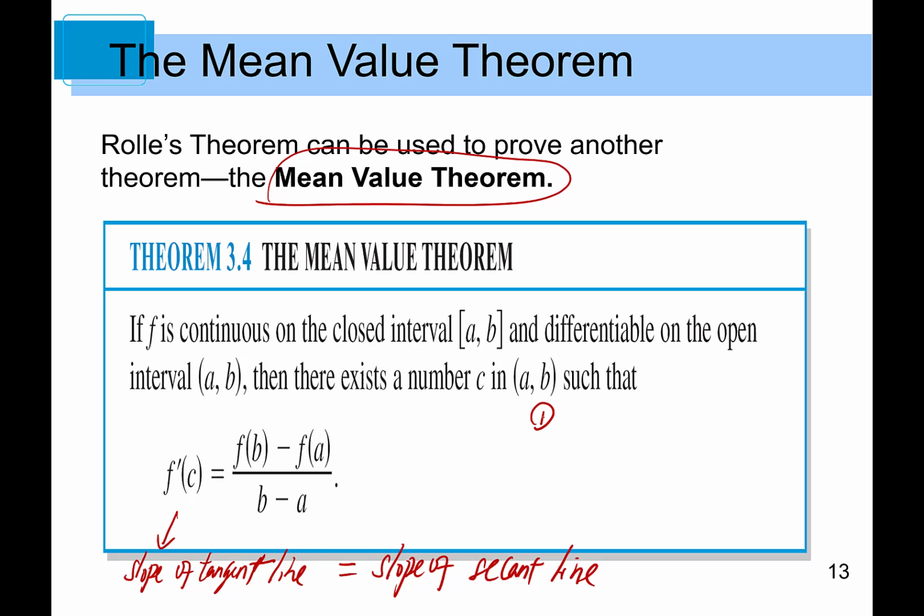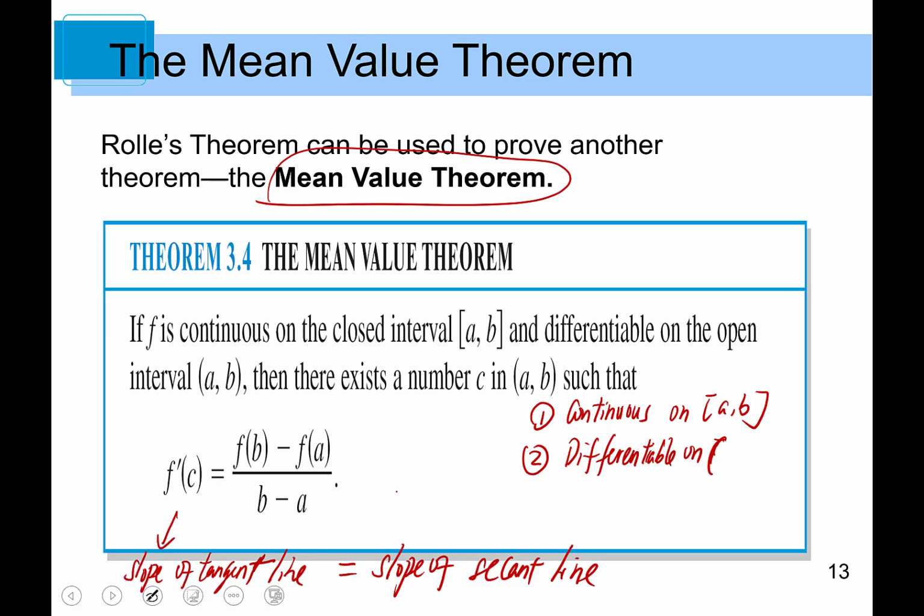So also two conditions have to be satisfied: continuous on the closed interval a comma b. Second one, differentiable on the open interval a, b.